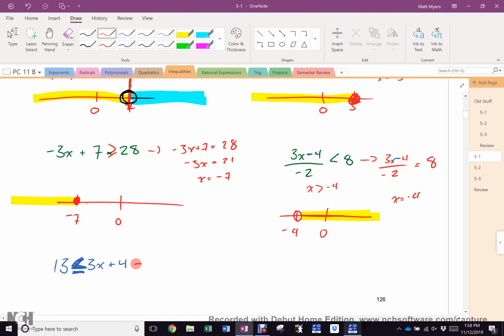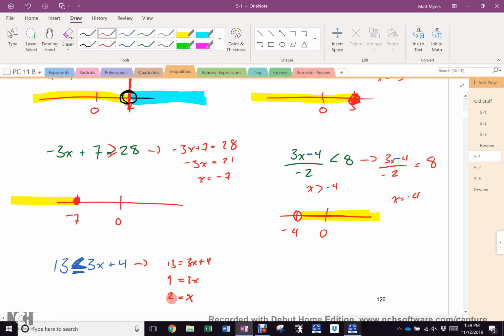So what are you going to do here? Okay, so 9 is not, well, no, let's write it out properly. 13 equals 3x plus 4. 3x equals 9.